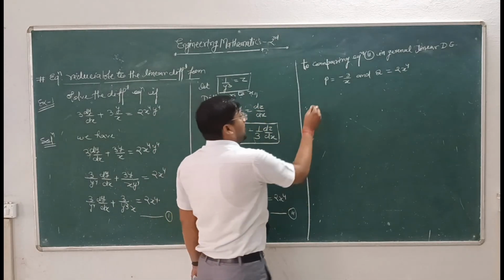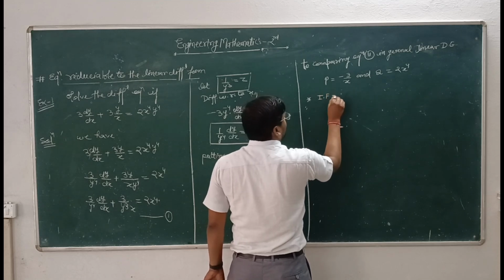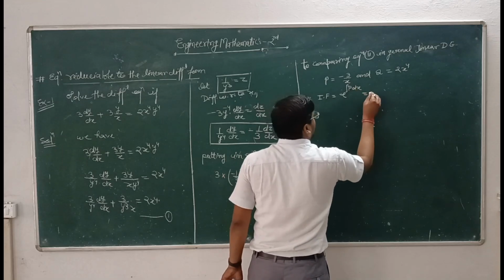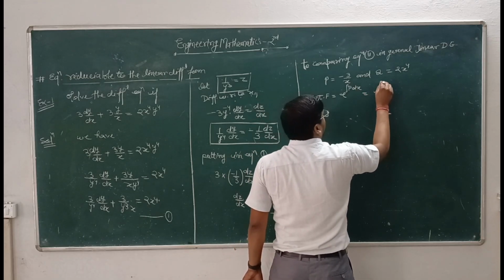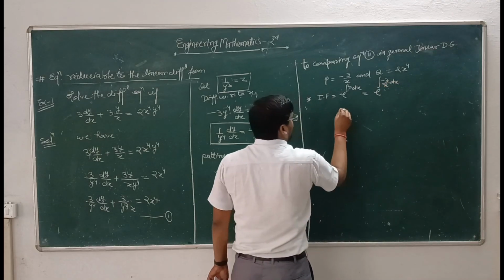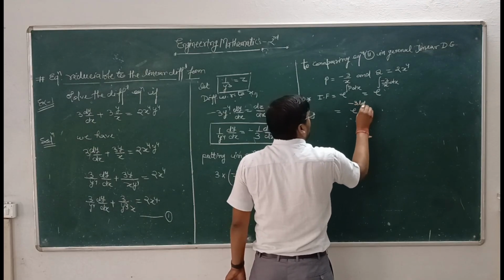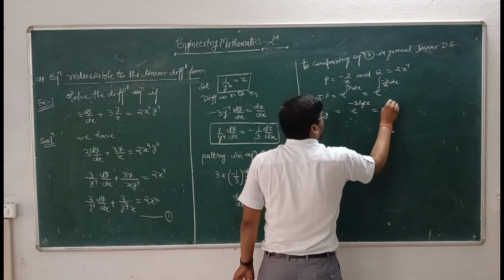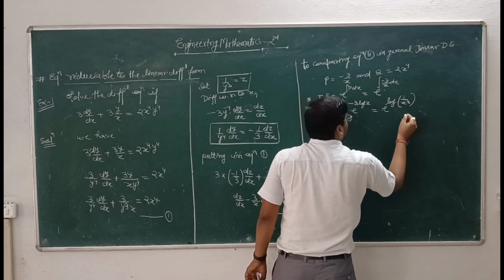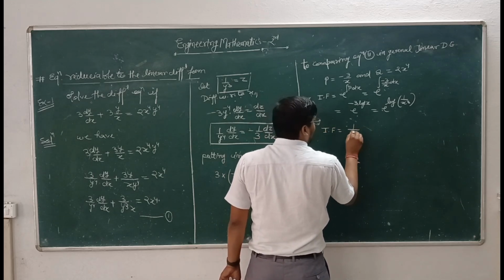Now first you can find IF. IF is equal to e to the power integration P dx. Now e to the power integration minus 3 upon x dx, which is e to the power minus 3 log x, which is e to the power log 1 by x to the power 3. This means IF is equal to 1 upon x to the power 3.